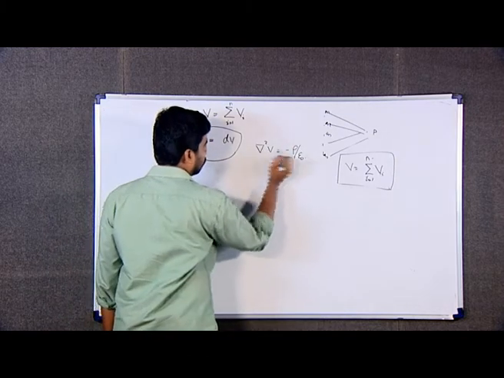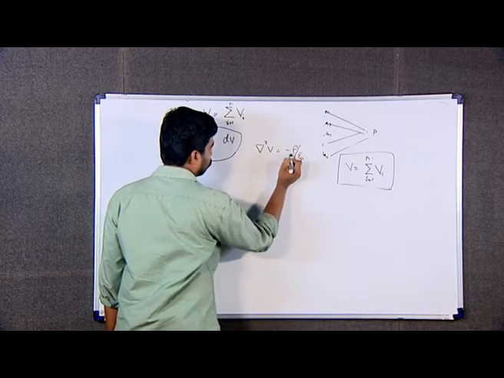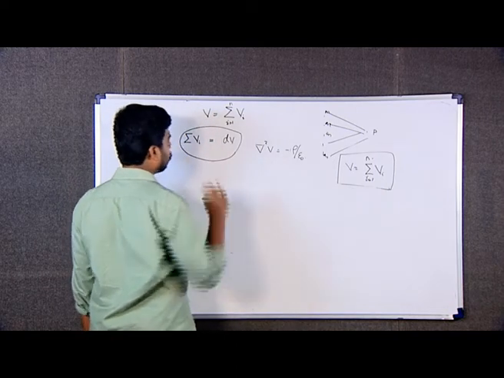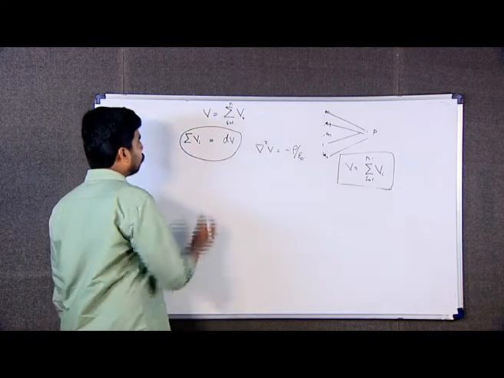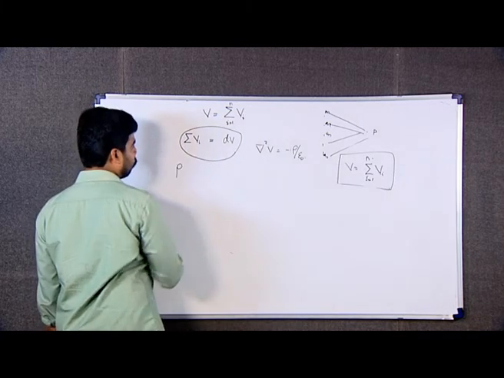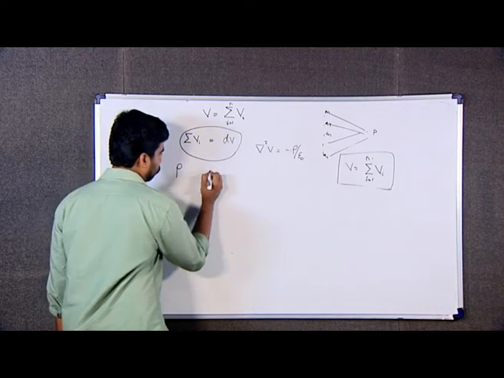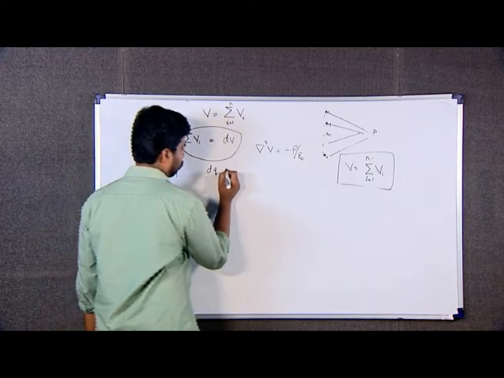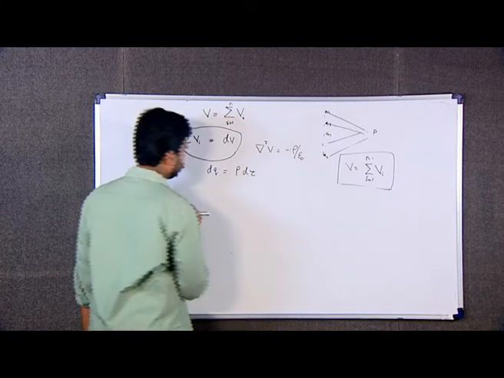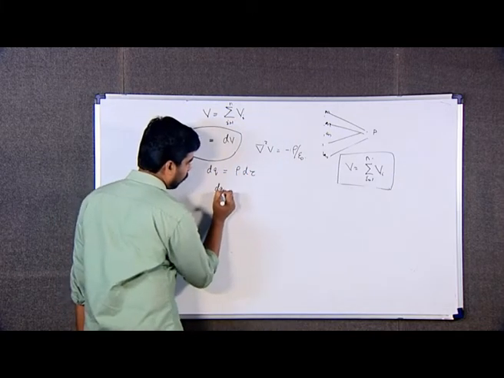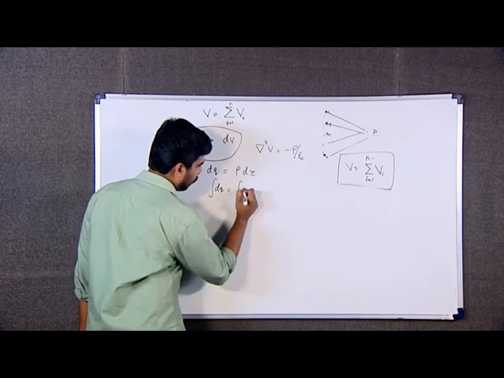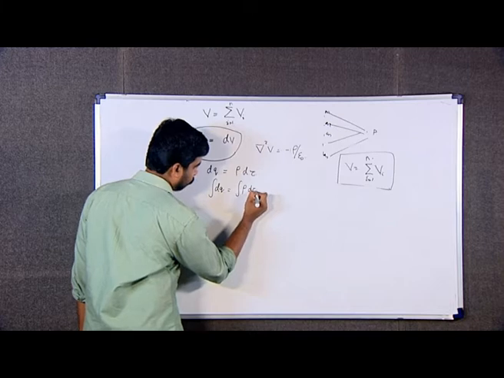On integrating this equation with respect to rho, we will get the value of the potential. In the case of a volume charge distribution rho, the small charge dq is equal to rho d tau. This is by definition, so integral dq is equal to integral rho d tau.